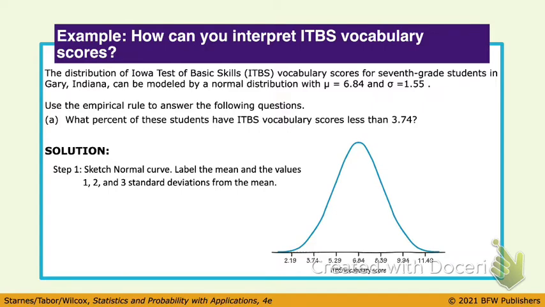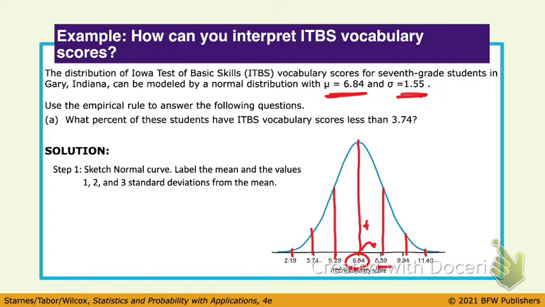Where did the values on the x-axis come from? Yep, so the mean of 6.84 goes in the middle here. Then I do my 1, 2, and 3 standard deviations in either direction. I would add 1 standard deviation, so 1.55, and I would get 8.39.